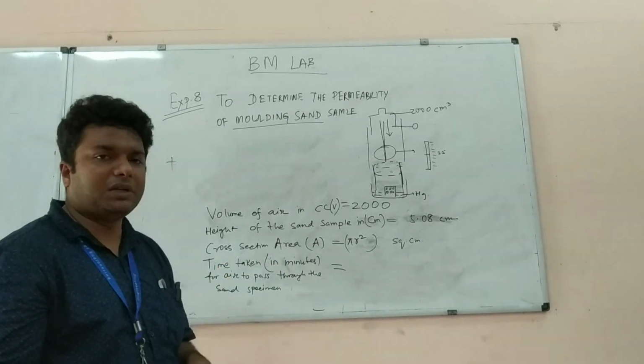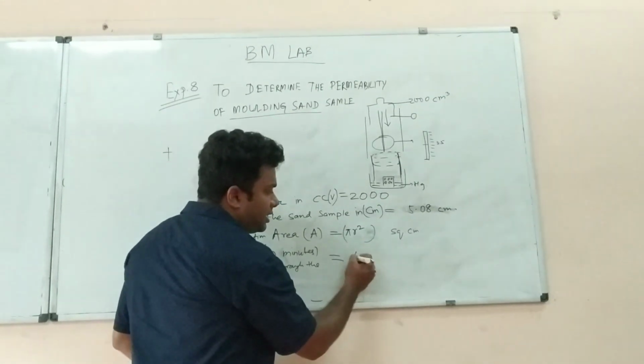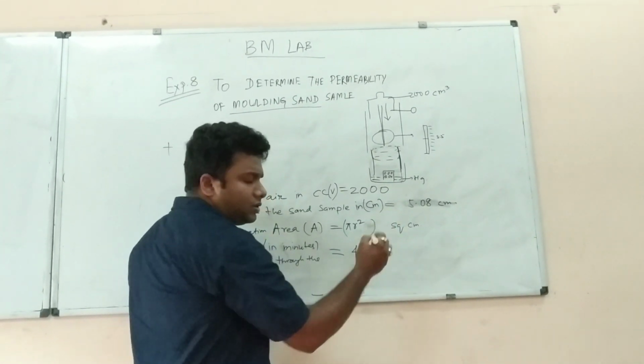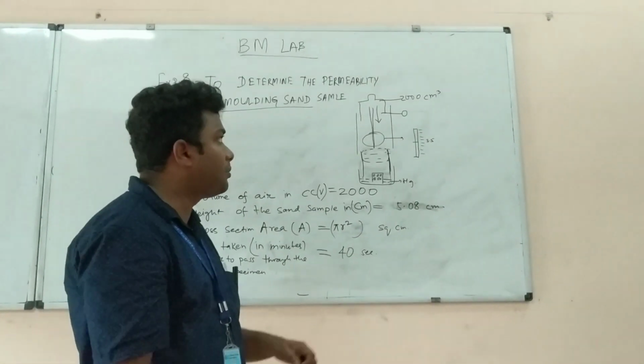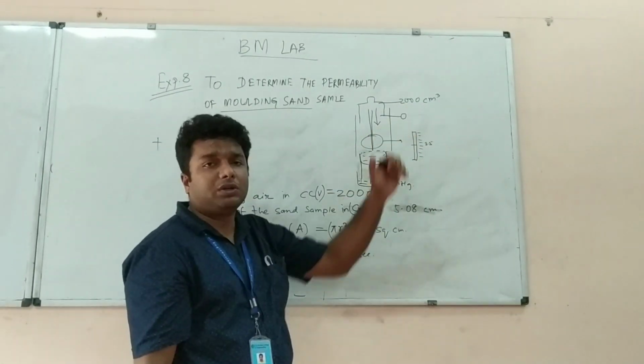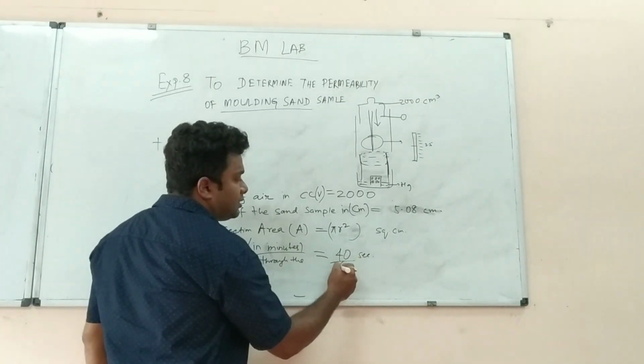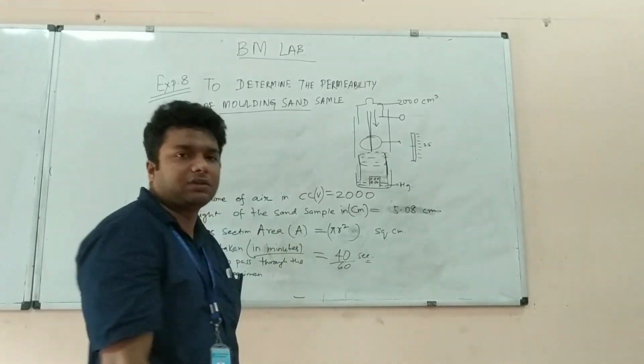And the time taken in minutes: we have seen that it took around 40 seconds to complete the application of air pressure from 0 to 2000 cm cube. But here we have to take the value in minutes, so we will divide it by 60 and we will get the required value.